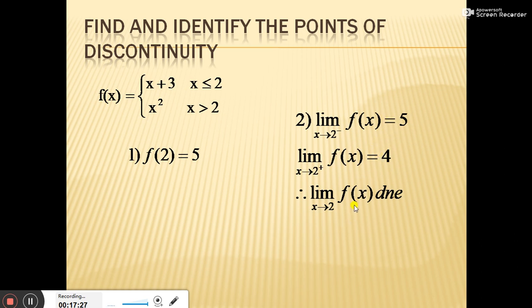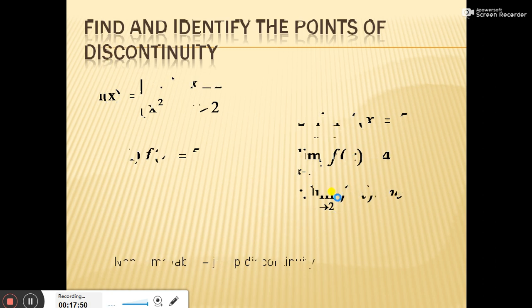It means the limit does not exist, and therefore this function is discontinuous at x equal to 2. And this discontinuity is known as jump discontinuity, that is a non-removable discontinuity.